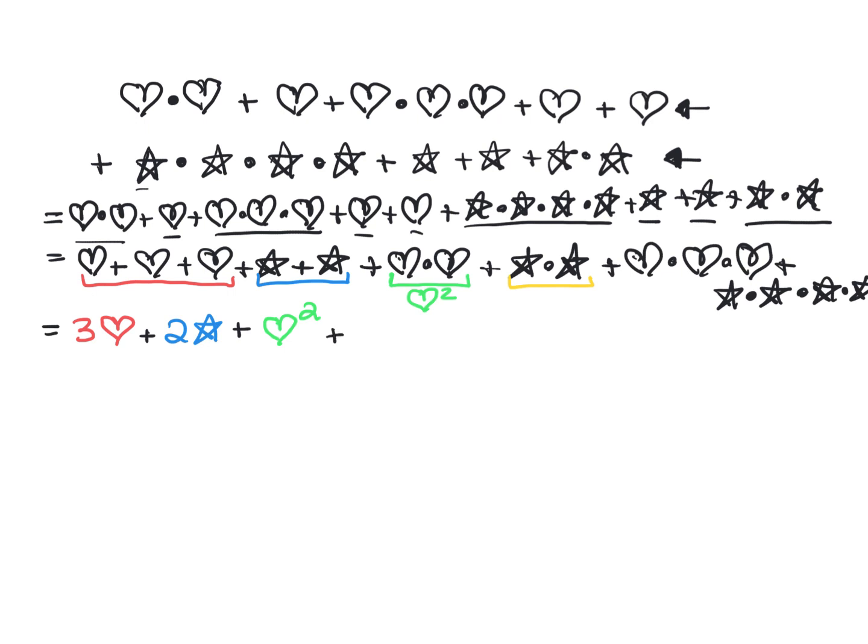So the next term becomes star squared because I have a star times a star. Two of the same thing multiplied together is star squared. Okay, so pause it here. Try to write down the next two terms in a more compact form.